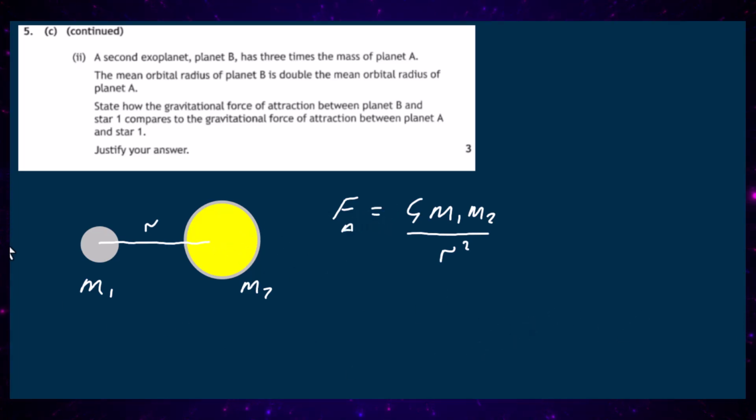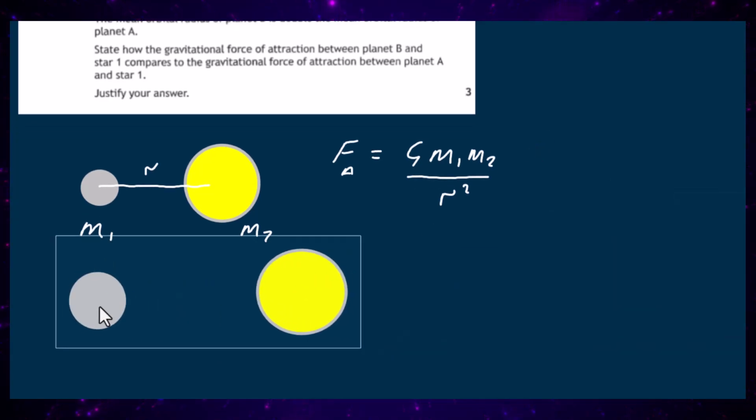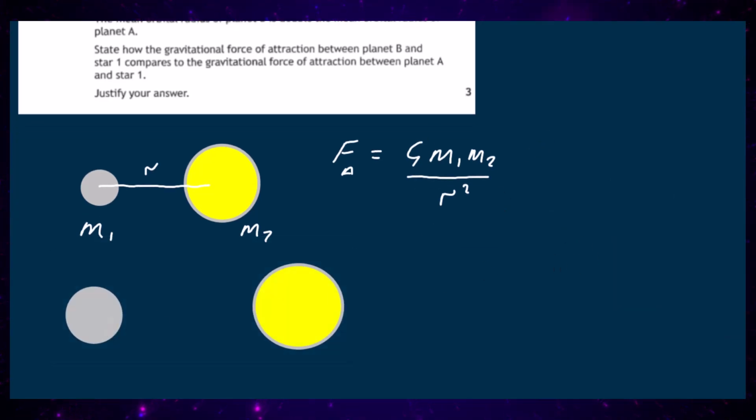Now, if we look at the second diagram, we can see that things are a bit different. We've got a new exoplanet, and the new exoplanet is going to have a mass of 3 times the first planet. So we have to put down there 3M1, and the distance between the centres is now twice the distance from this one here. And this is for planet B, the exoplanet B. Now we can work out the gravitational force of attraction.